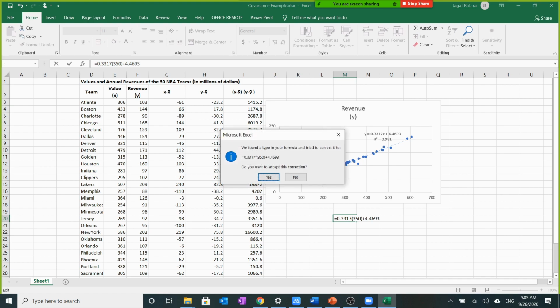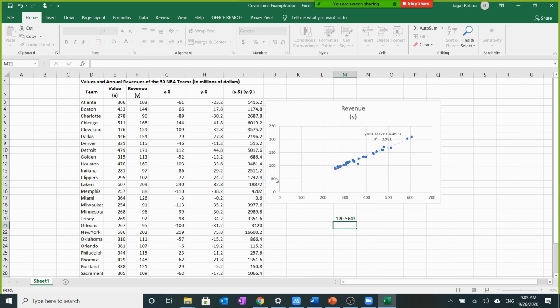Okay, so we can calculate. By increasing your value to 350, the prediction is that you will have an increased revenue of 120. So this is the prediction by this formula, the calculation.